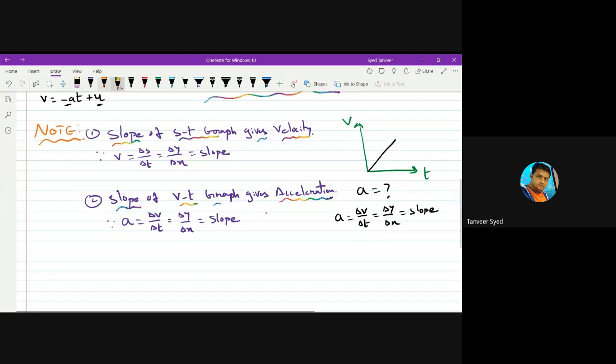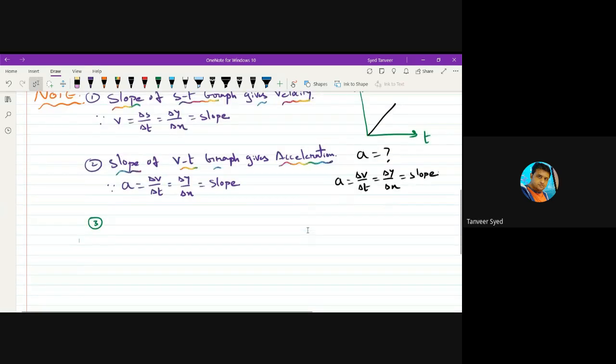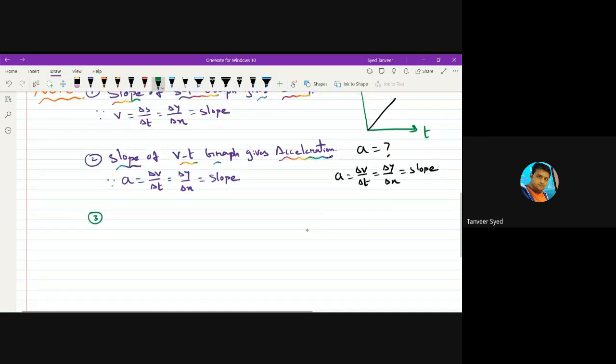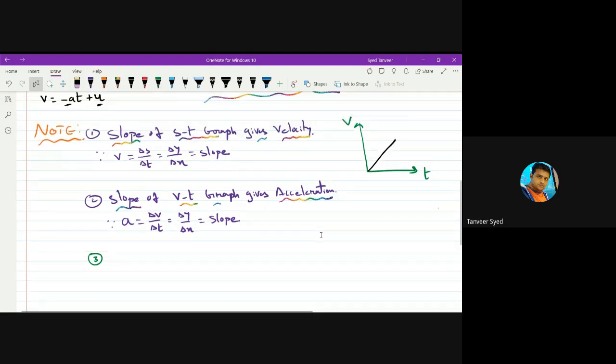Next, third point. I'll take the same VT graph, but this time I want displacement from it.